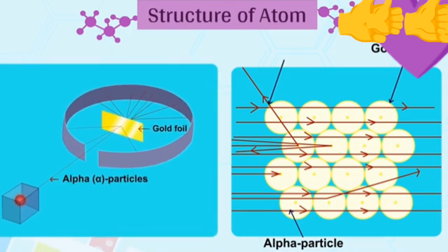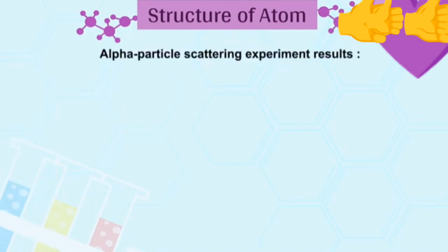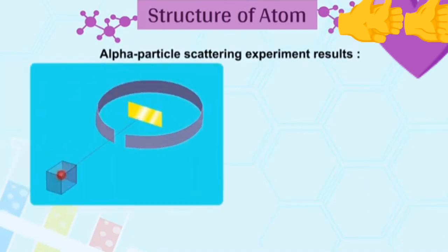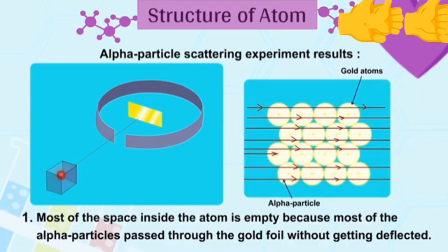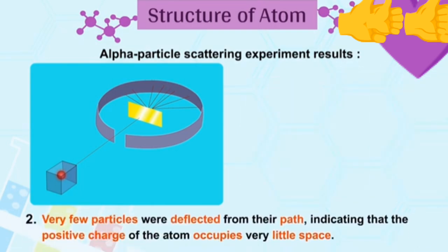Rutherford derived the following results based on the alpha particle scattering experiment. 1. Most of the space inside the atom is empty because most of the alpha particles passed through the gold foil without getting deflected.